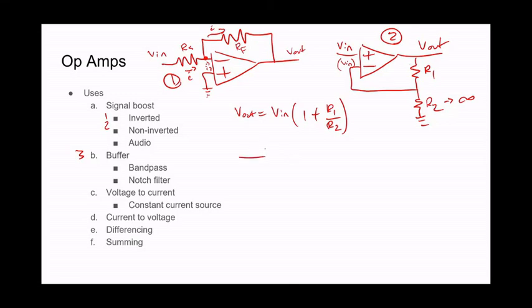We're left with a plus and a minus. And there's our buffer amp. Vin, Vout, and ground here, disconnected all by itself. So R2 equals infinity, or very, very large resistance. R1 is very, very small. We're going to call it 0 volts.